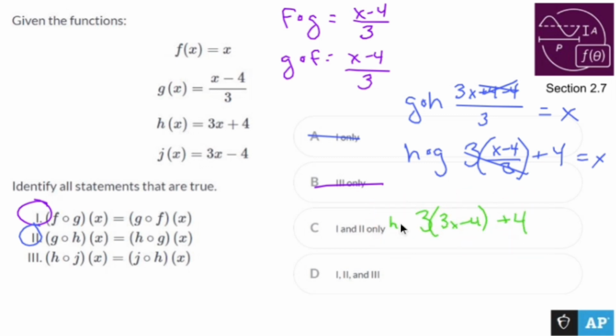So you get 9x minus 12 plus 4, which is 9x minus 8. Now let's do j of h, which has me start out with j and replace every x with h.